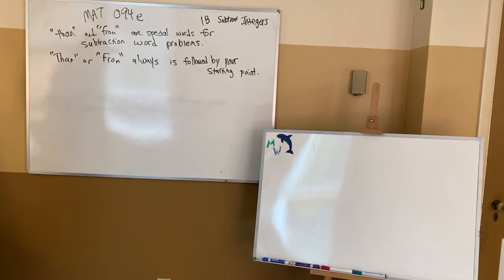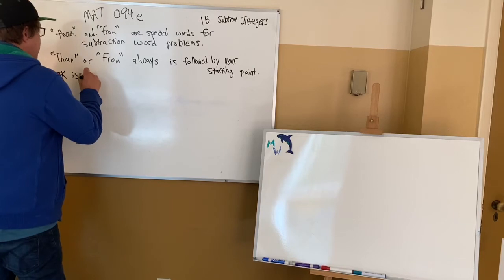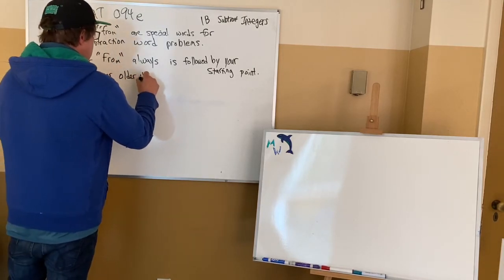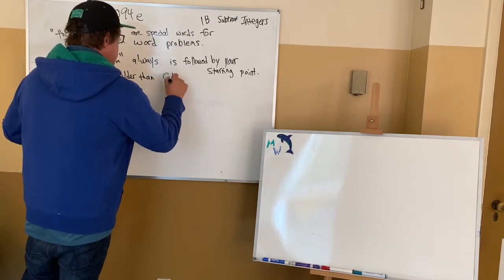Suppose I'm 5 years older than my brother. I'll say Jeff is 5 years older than Greg.